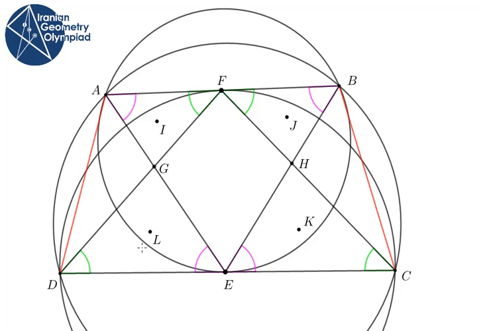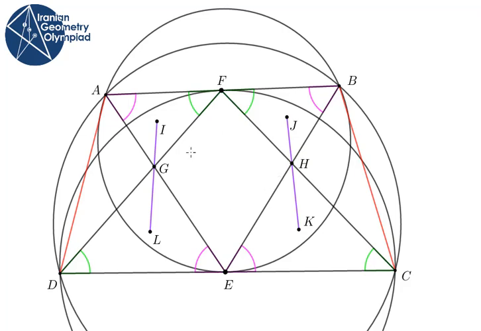So distance of L and K from line DC are equal because the radius of incircle of these two triangles are equal, and so LK is parallel to DC. Similarly, IJ is parallel to AB, and so LK is parallel to IJ.